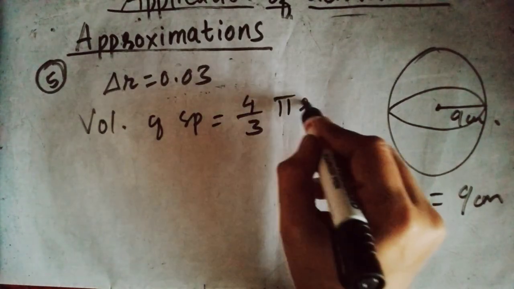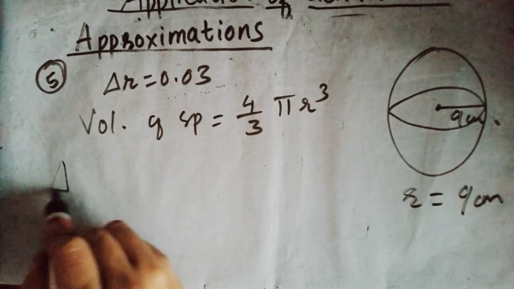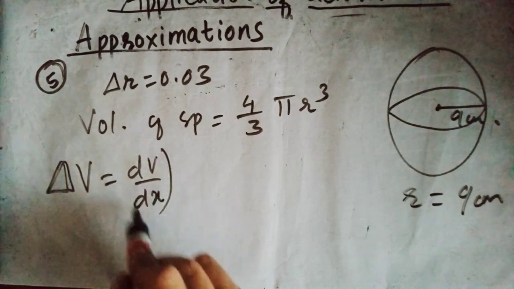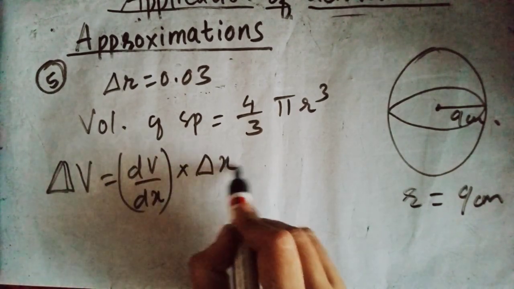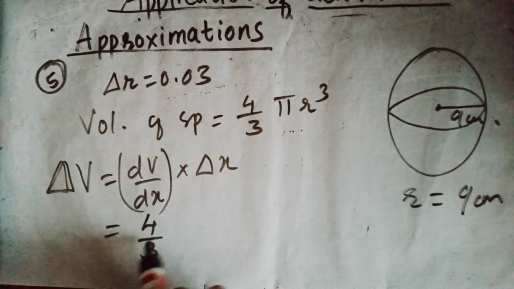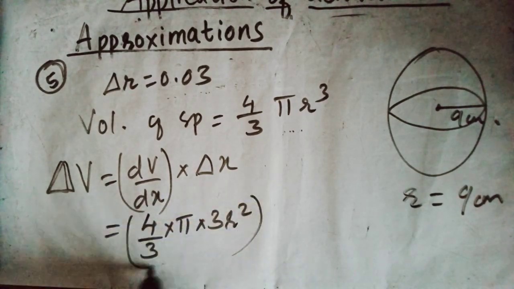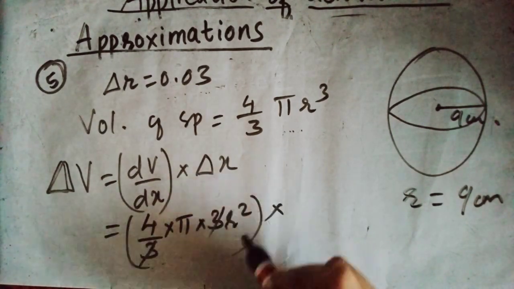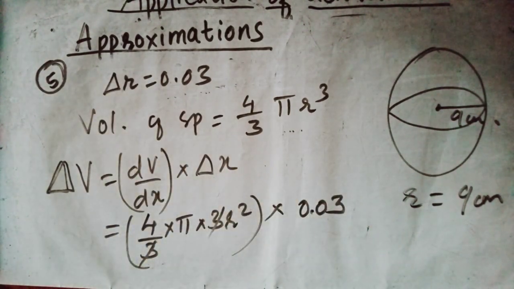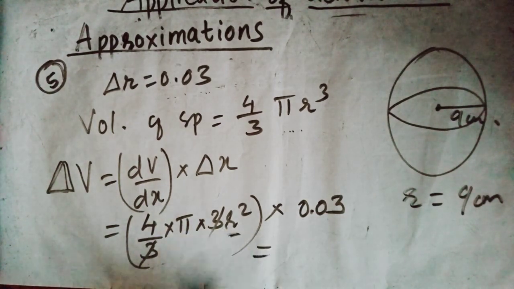4/3 pi r cube. Now change the equation, that is delta v equals dv by dr into del r. The derivative of 4/3 pi r cube will be 4/3 pi 3r square, right? And change is 0.03, change in r. So r is given, you can substitute here.